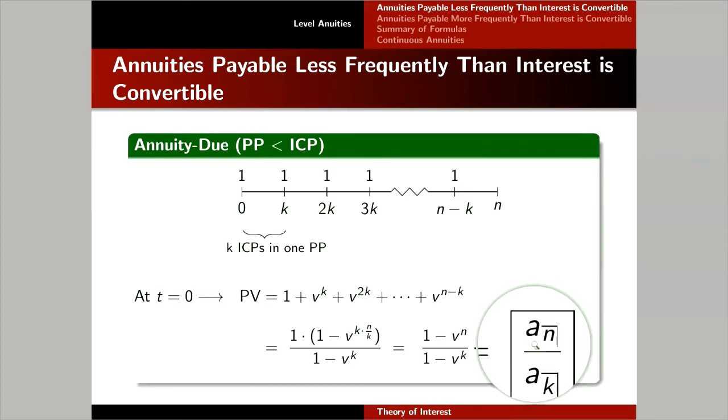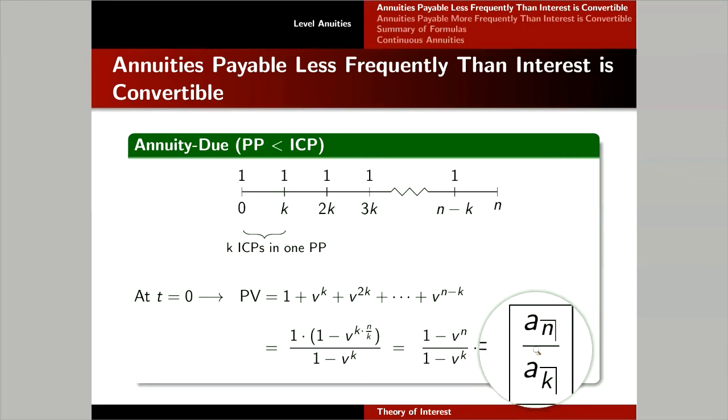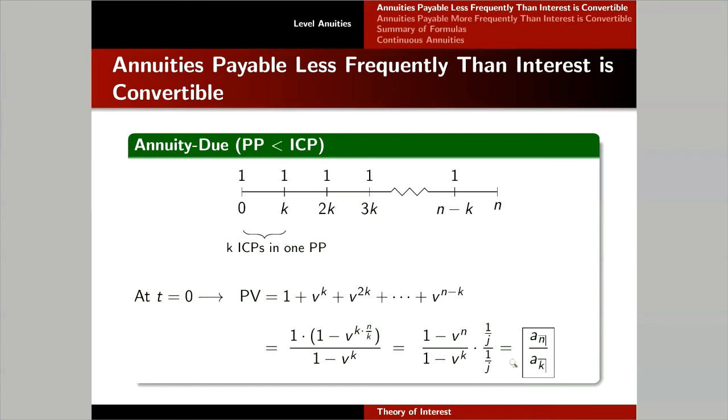This is the present value. What do we do here? You multiply it by 1 plus J raised to N. So it becomes S angle N over A angle K.